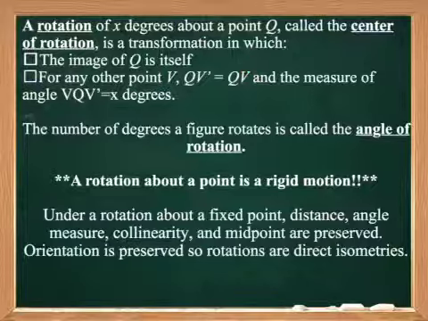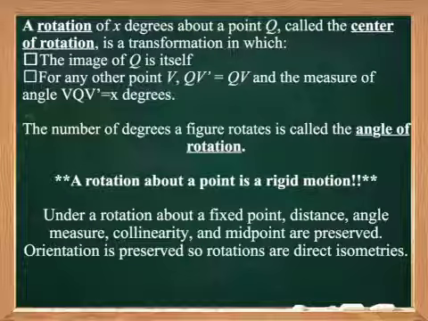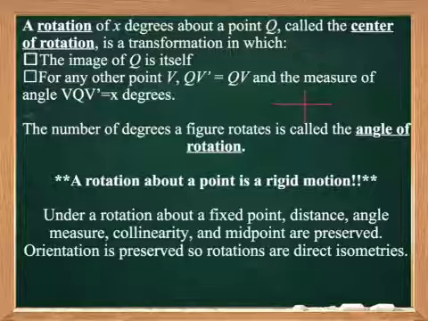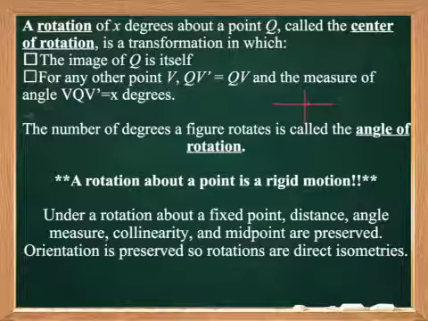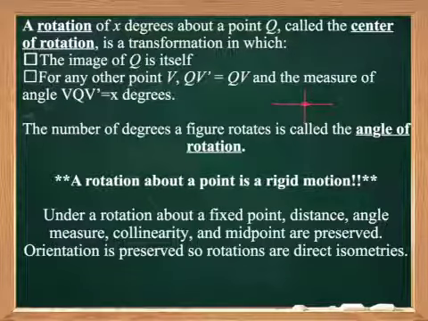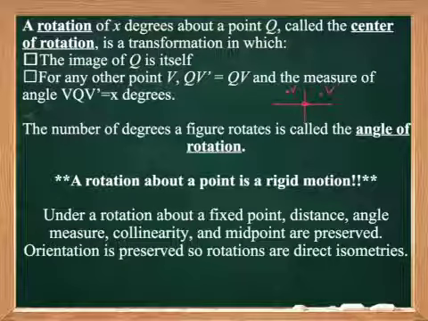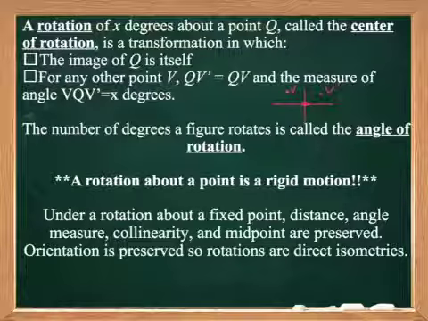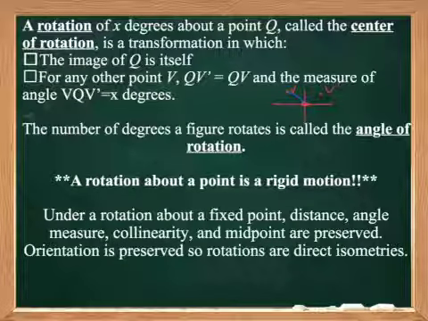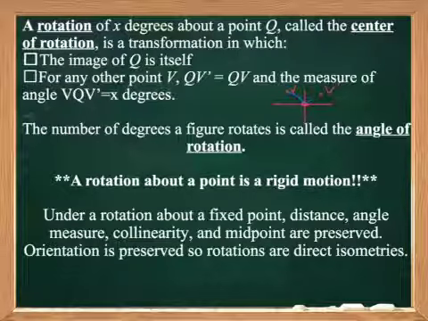So in other words, let's say we were rotating something, and we'll see an example of this, about the origin, so about that point. If this was V and this is V prime, the distance from the center of rotation from V to the origin is going to be the same distance as from V prime to the origin.